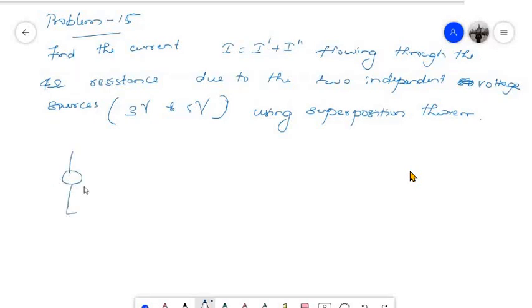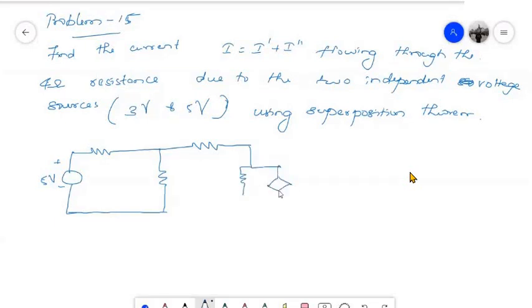But other than the sources, the remaining part of the circuit is the same.